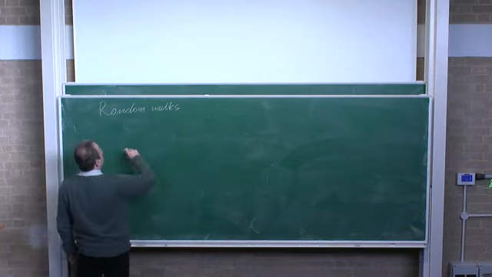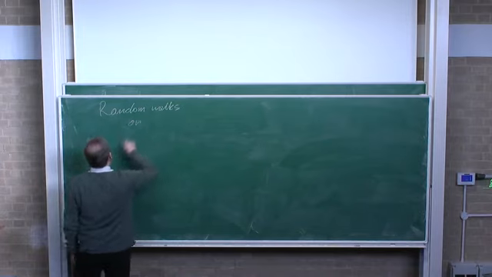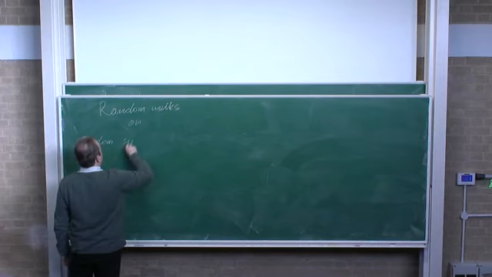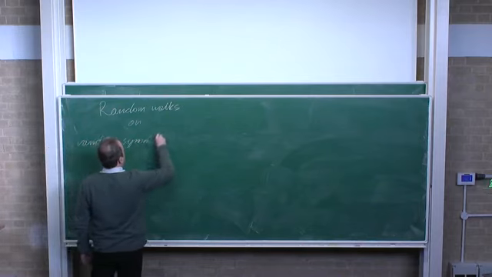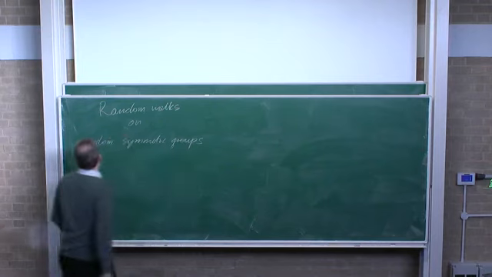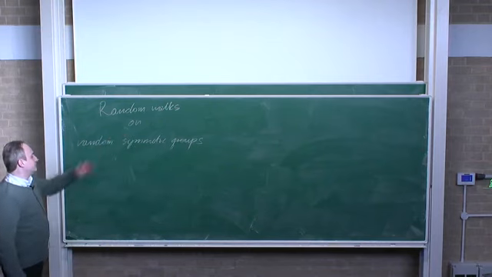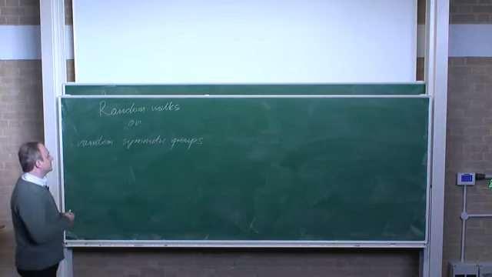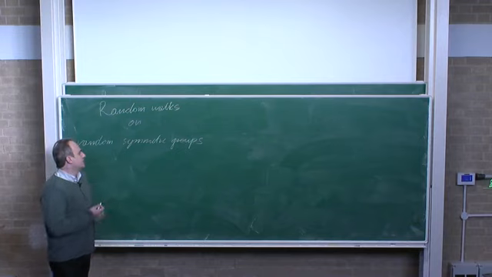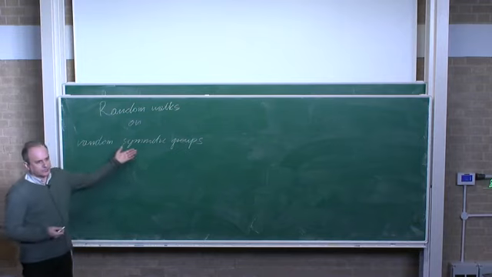So it will be random walks on random symmetric groups. Okay, so the random will be the choice of generators, say two generators, and the same what we're going to say here applies for alternating groups.